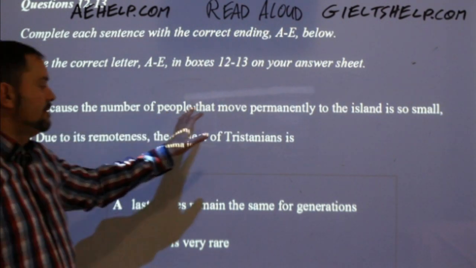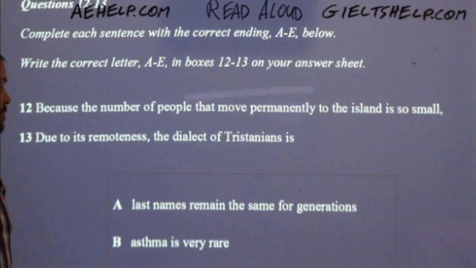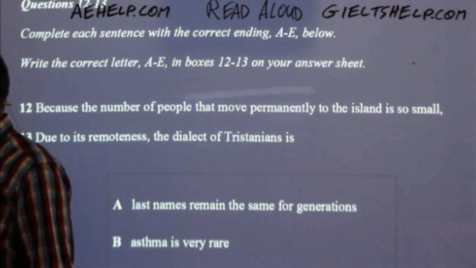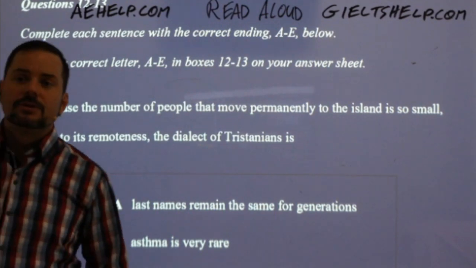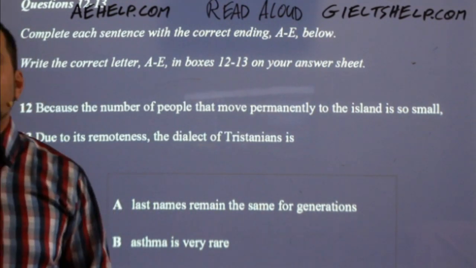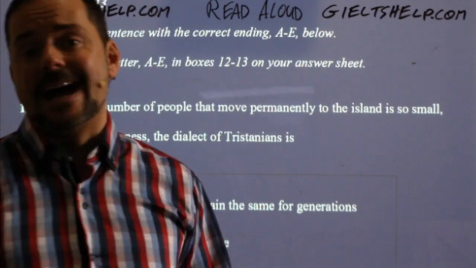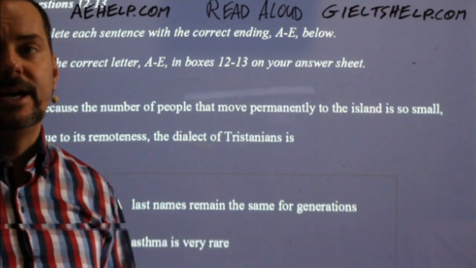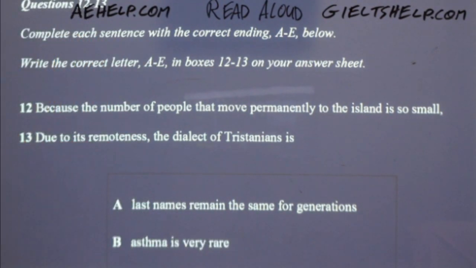Because the number of people that move permanently to the island is so small, what? There's a few different kinds of information. There are different kinds of diseases like asthma and glaucoma on the island. As well, what else?